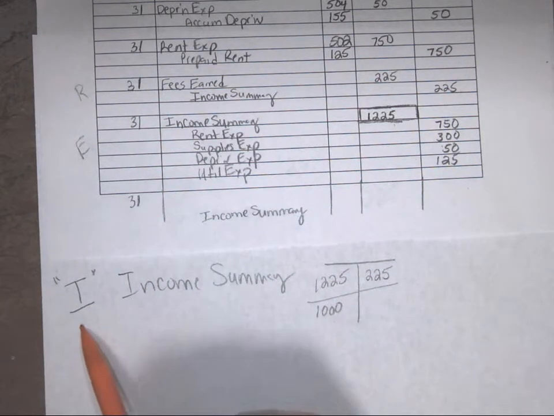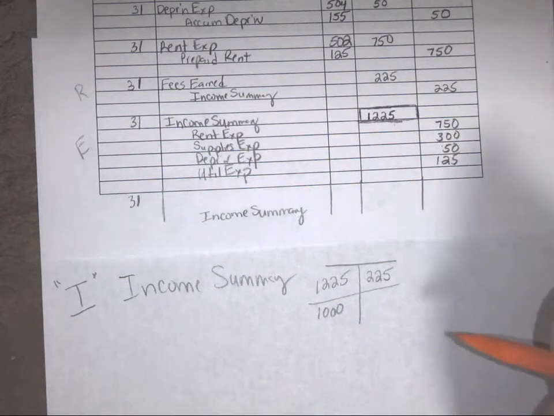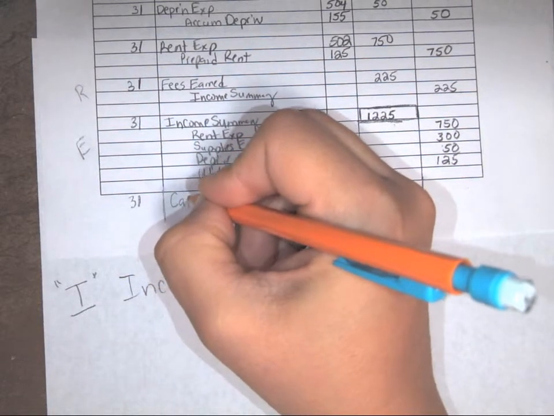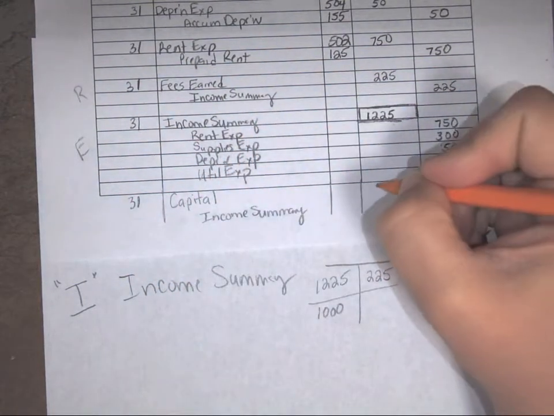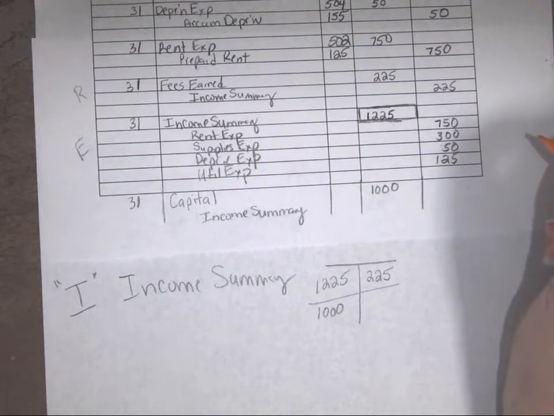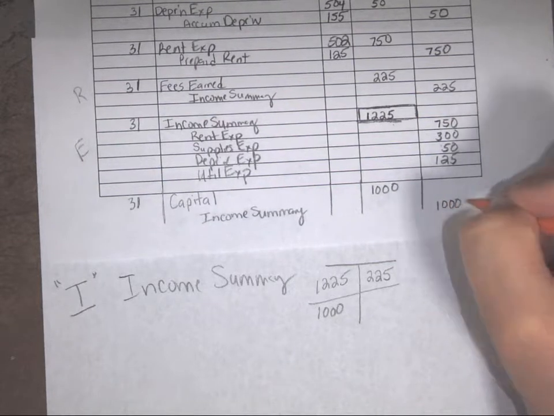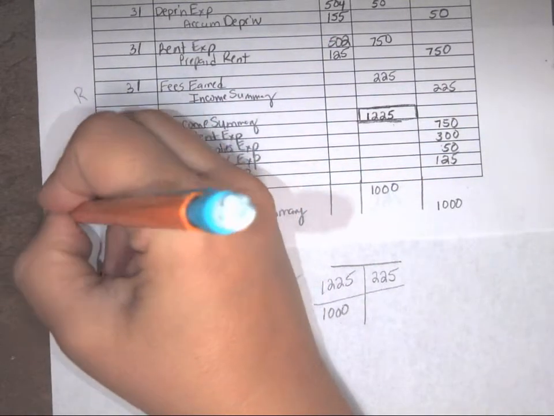I for income summary, we want to make income summary 0. And the account that we close this out to is our capital account. And so what we would see here is the capital for 1,000, and then that income summary for that 1,000. And that pretty much gives us what we have for this I entry.